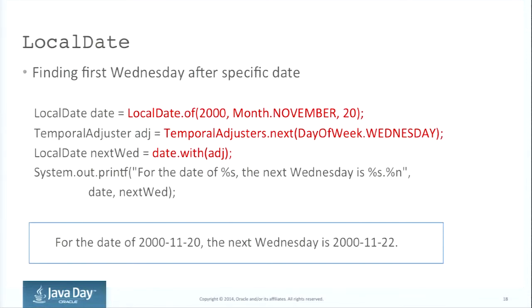So we need a specific date. In this case it is November 20th of 2000. I want to find out the next Wednesday. So we use an adjuster, and we will see adjusters in a little bit more detail. The next Wednesday, okay? I take that date, and I get a new one using that adjustment, and then I just print it out.